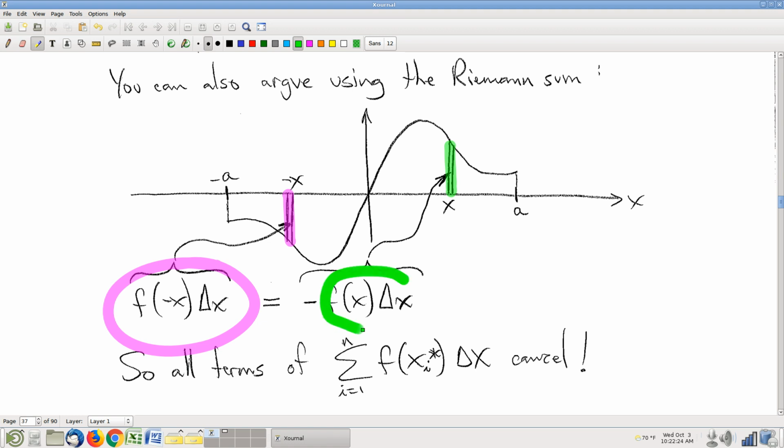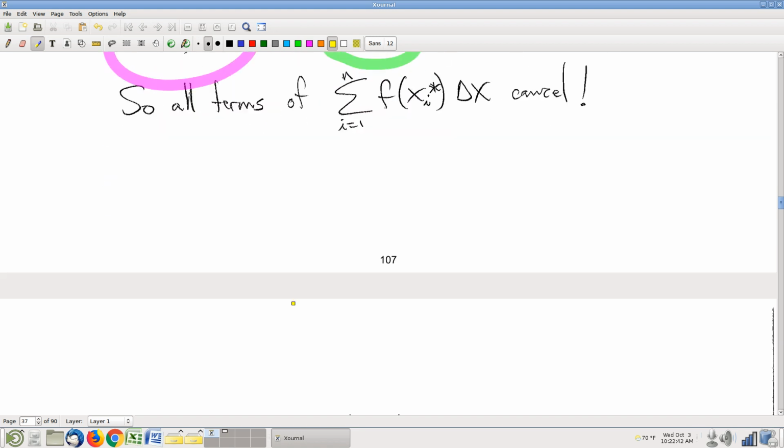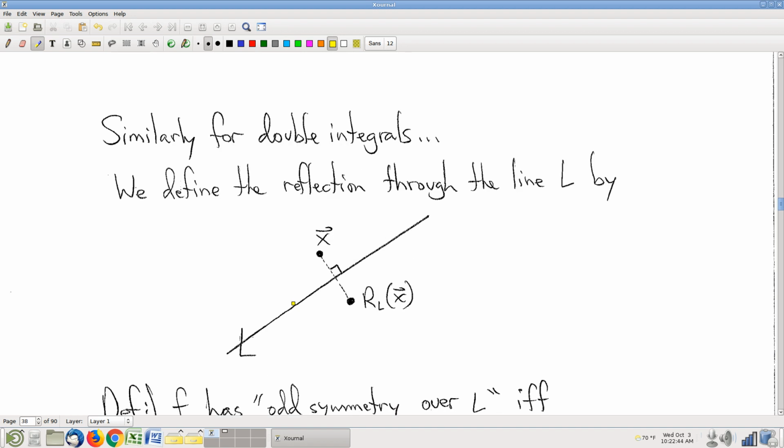Those two terms are negatives of each other, just because they have the same width and opposite heights because of the oddness of the function. They pair up because of the symmetry of the domain, and everything just cancels in a puff of smoke, right? So the integral is 0. Okay, so you can make the same kind of argument in a two-dimensional setting.